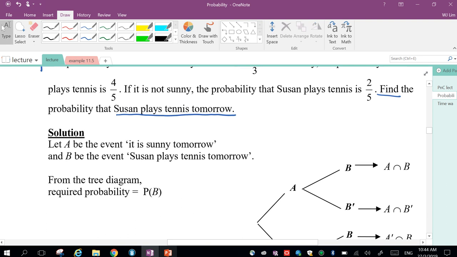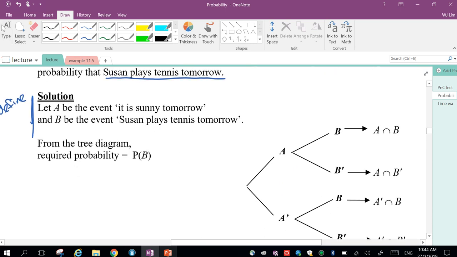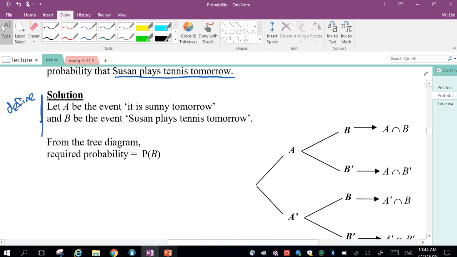First thing first, again, I don't know how many times already, you need to define the event. So let A be the event that it is sunny tomorrow, B, Susan plays tennis. Let me share this with you. The end of the branch is for the event.